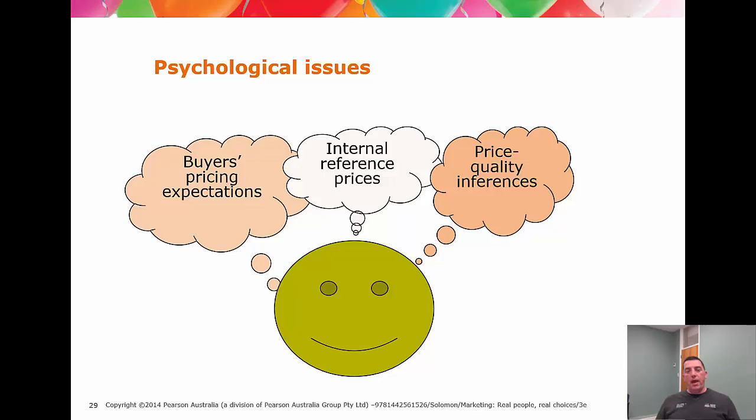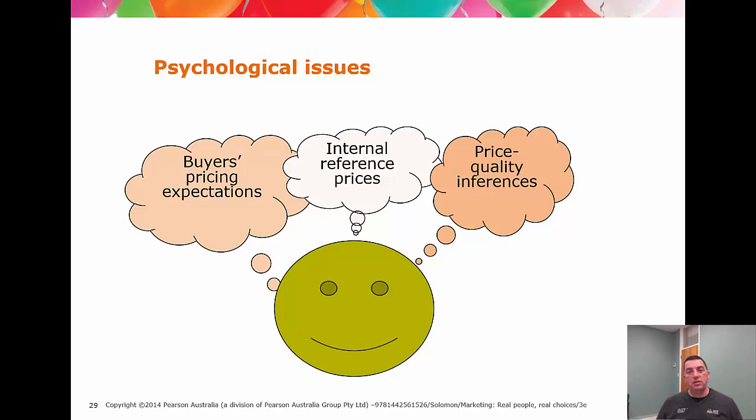So what we have here are some of the psychological issues behind pricing. I talked at the very start of the video about how we have non-monetary costs. Now you can see this coming into practice: buyers' pricing expectations, so what they value the product at in their head, can also influence the price charged.